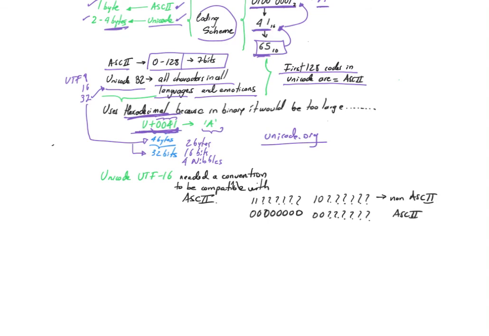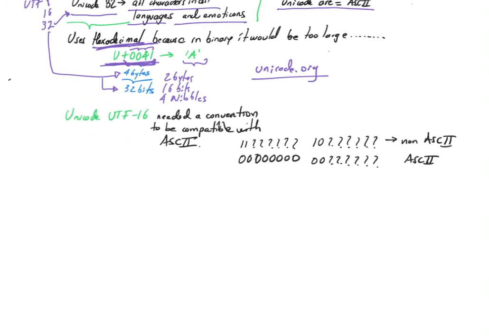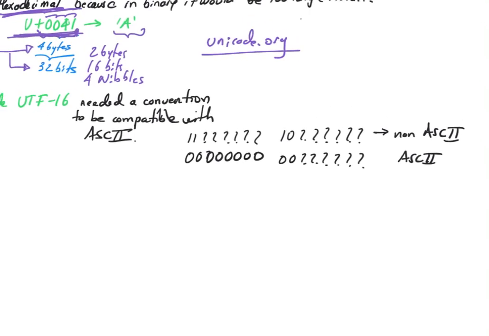One thing that is mentioned in our textbook is that, in order to make a difference between the first 128 codes in UTF being the same as ASCII, they used a convention for characters that needed 2 bytes.